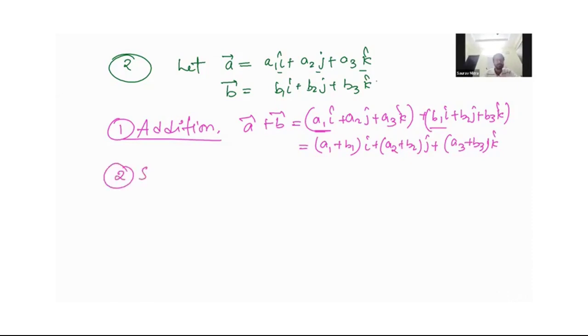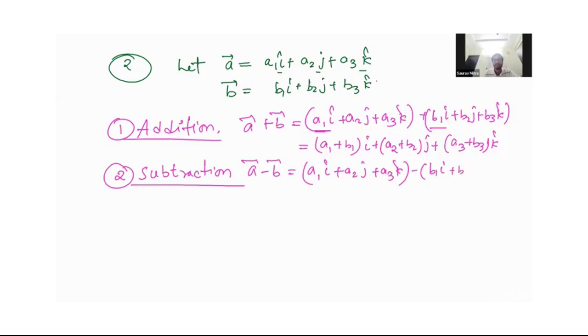Similarly, for subtraction, a minus b, we write a1 i cap plus a2 j cap plus a3 k cap minus b1 i cap plus b2 j cap plus b3 k cap. This will be (a1 minus b1) i cap plus (a2 minus b2) j cap plus (a3 minus b3) k cap.